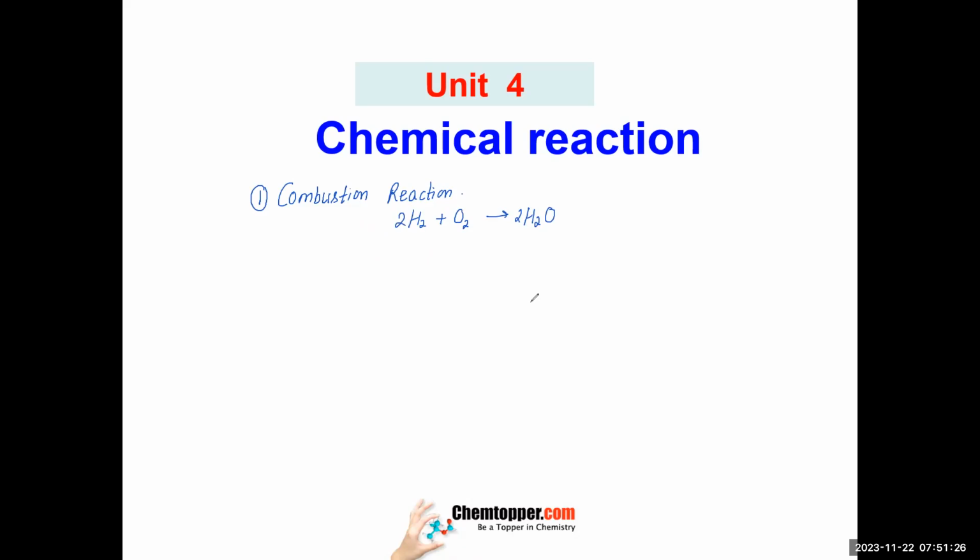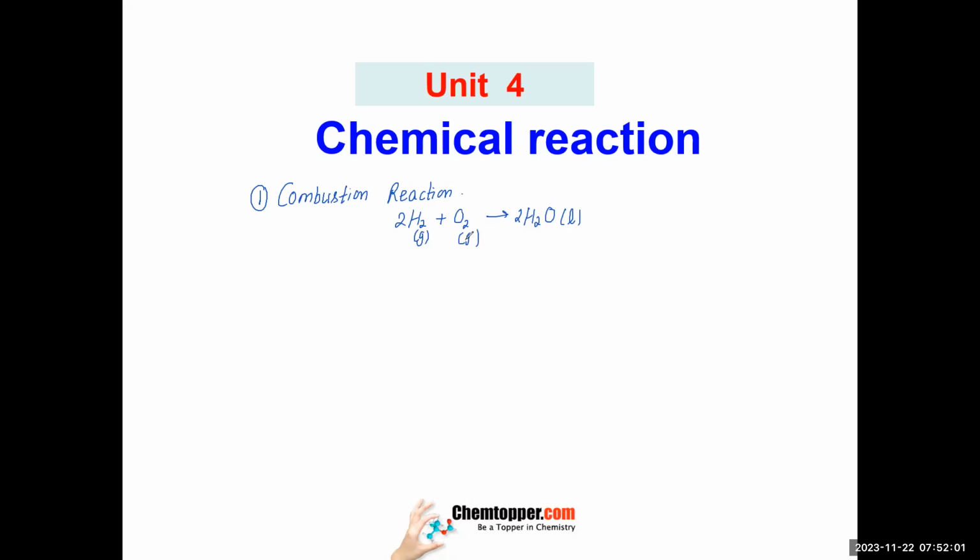Why not, Anil? Aditi, is it a combustion reaction? No, Aditi, no. Combustion reaction doesn't mean that you will get CO2. You will get CO2 if carbon is undergoing combustion. Here there is no carbon. Aslesha, is this reaction a combustion reaction?